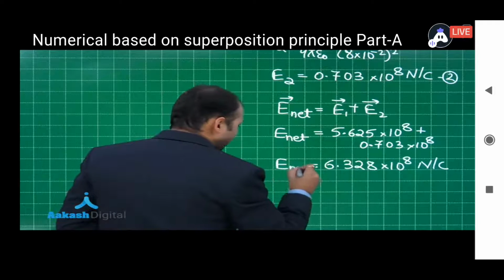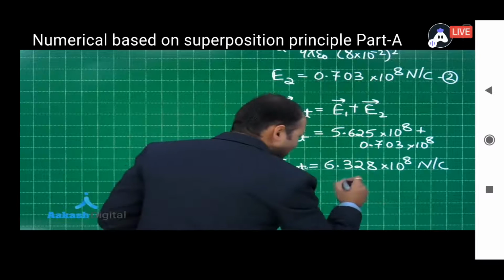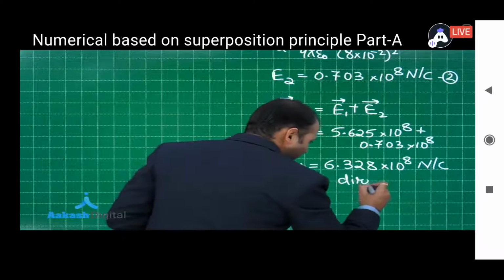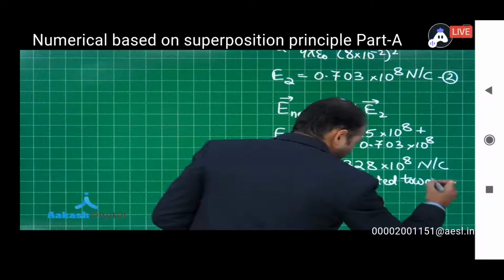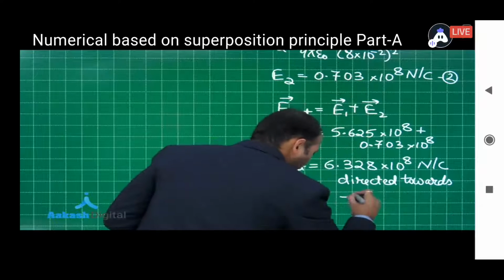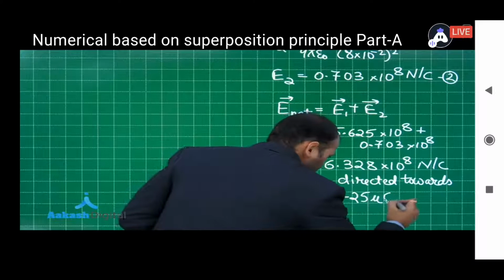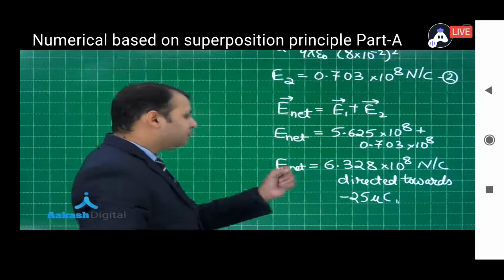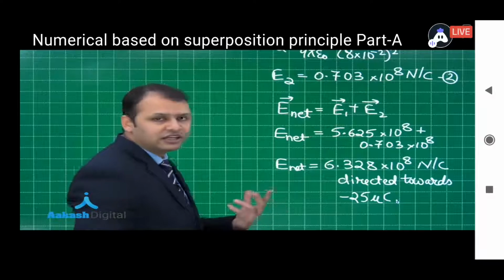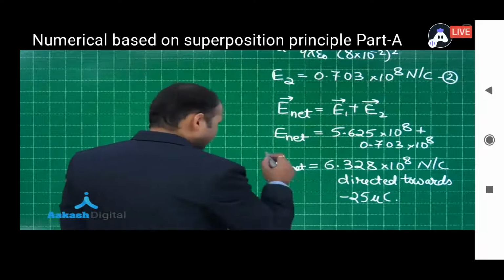This is the net electric field, and remember one thing, it is directed towards minus 25 microcoulomb charge and along the line running the two charges. So we have given the magnitude as well as the direction here. So this is the final answer.